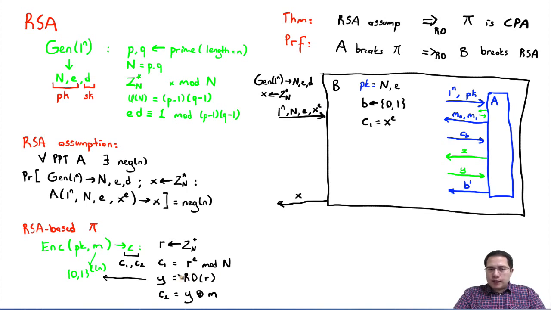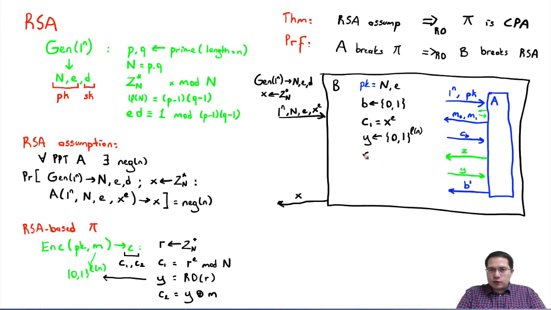For C2 we need random oracle of r, which is x here. Now we don't know x. Instead what we are going to do is we will pick y randomly from the correct range, which is 0,1 to the length of the messages.